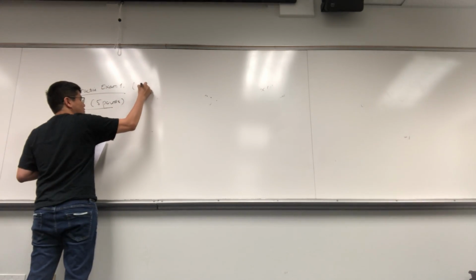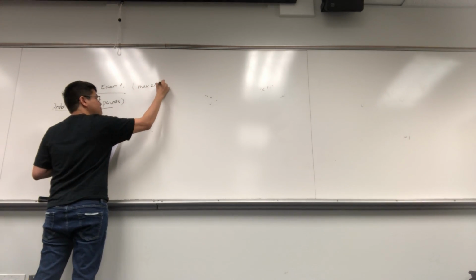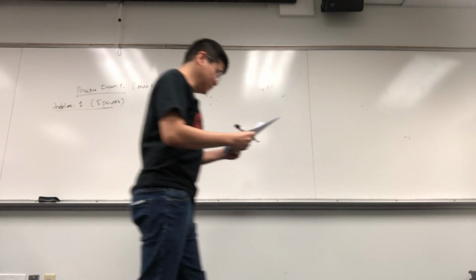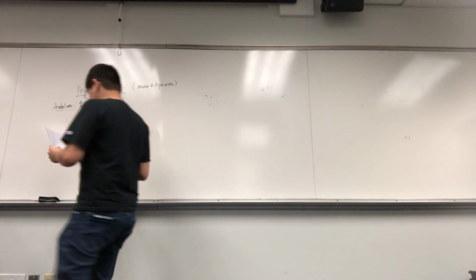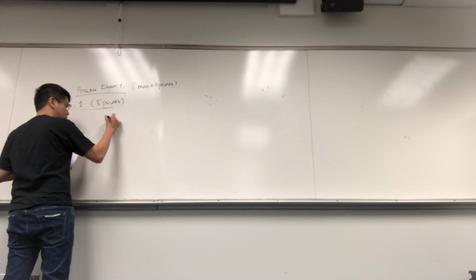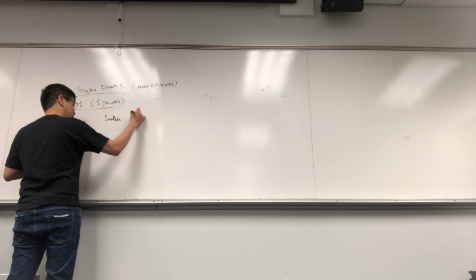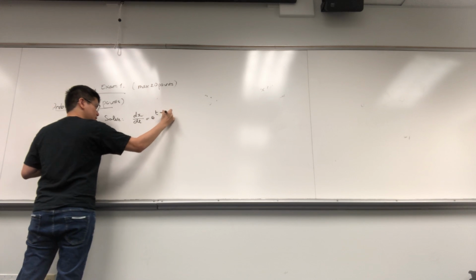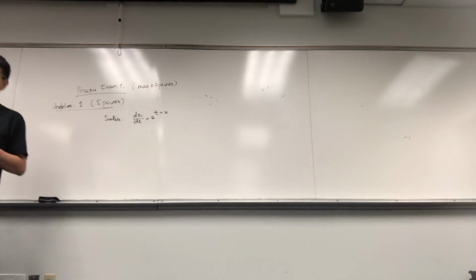The max of this is 20 points, and the first one is 5 points. You're going to solve dx over dt is e to the t plus x. Right?